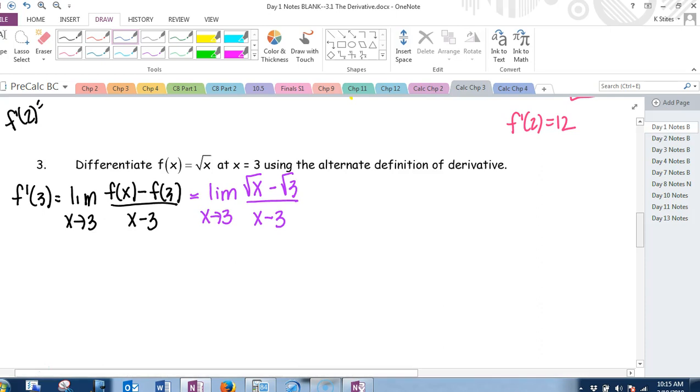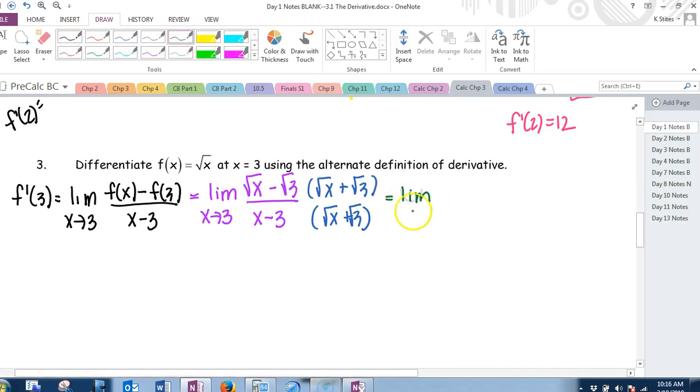Normally we did that to get rid of the radical in the denominator. In this case, we are going to multiply by the conjugate of the top to manipulate this limit and see if we can get anything to cancel. So the conjugate would be root x plus root 3 over root x plus root 3. Let's see what that gives us.